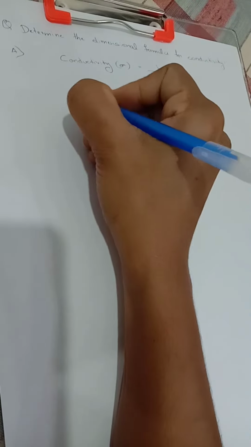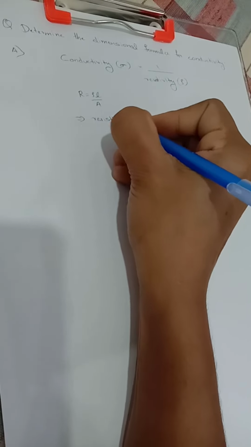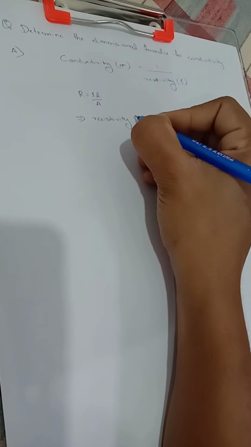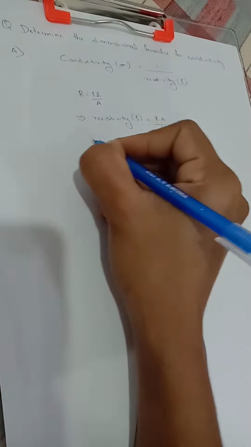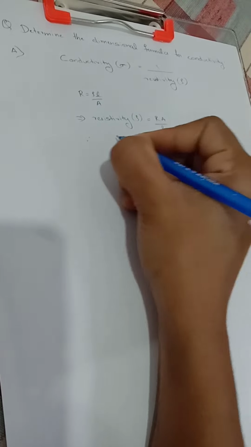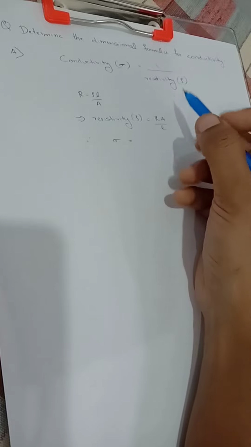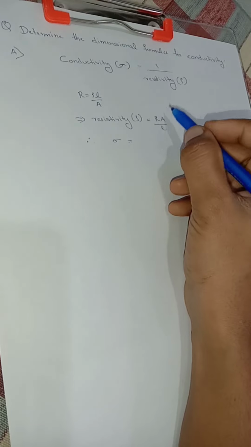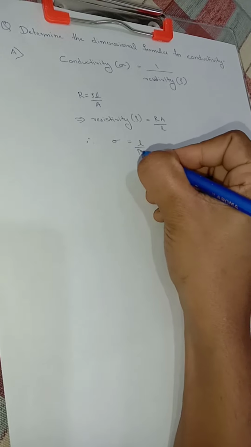We know that resistance R is equal to rho L by A. This implies resistivity rho is equal to R A by L. Therefore, conductivity sigma is the reciprocal of resistivity. So we get conductivity is equal to L by R A.